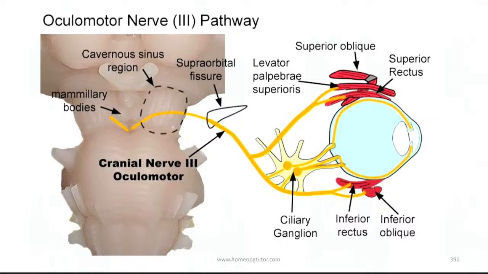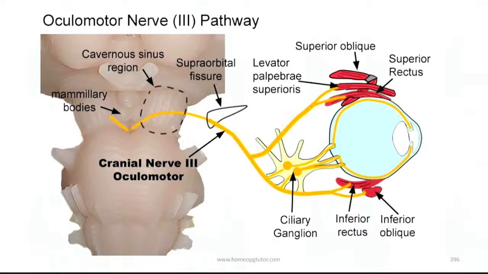Now one more nerve supply is there to the medial rectus, which is not shown over here. That is also via the posterior, or inferior, branch. The inferior branch gives off inferior rectus supply, inferior oblique supply, and also medial rectus supply. So that was about this one.